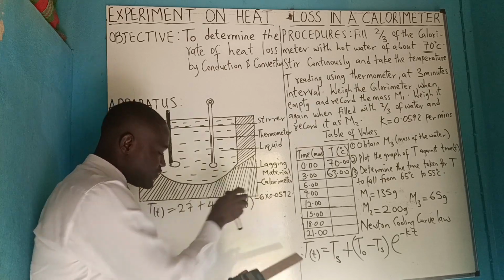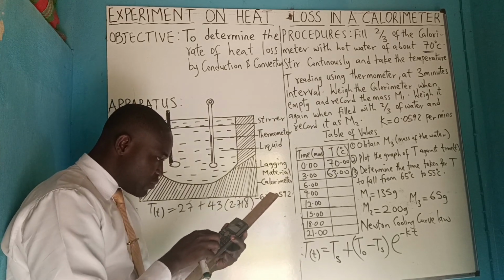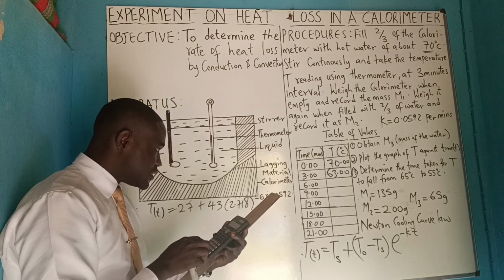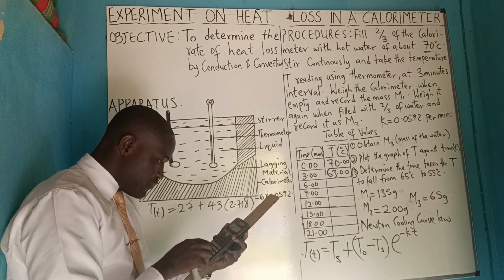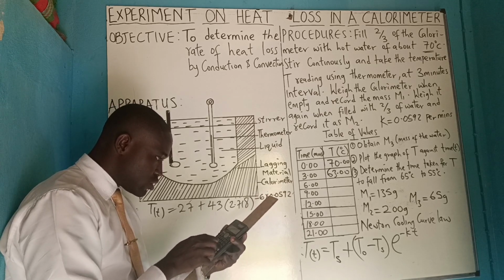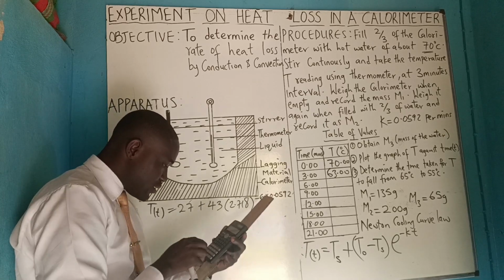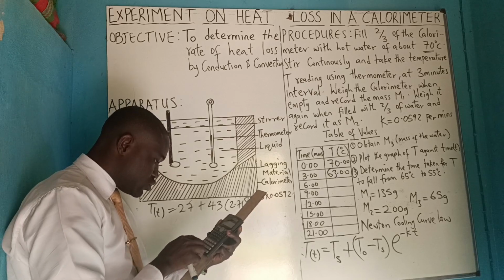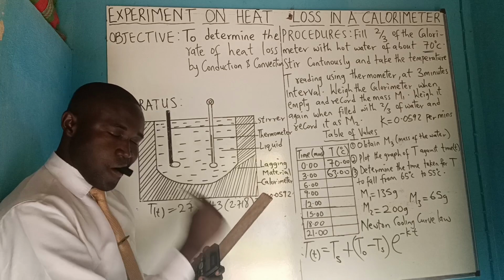Let's check this first. 2.718 raised to the power of bracket minus 6 times 0.0592. Whatever it gives you, times 43, plus 27. We'll be getting 57 degrees.